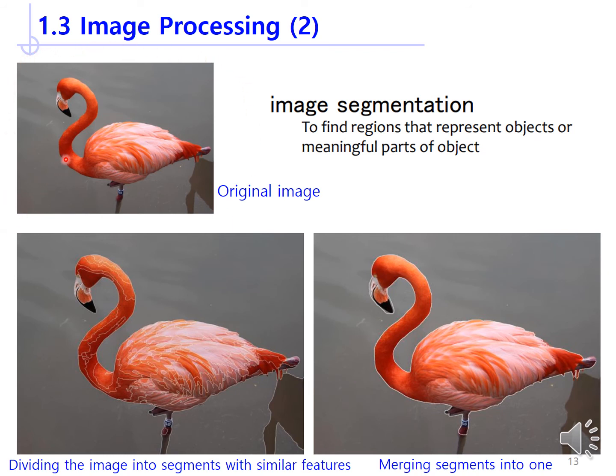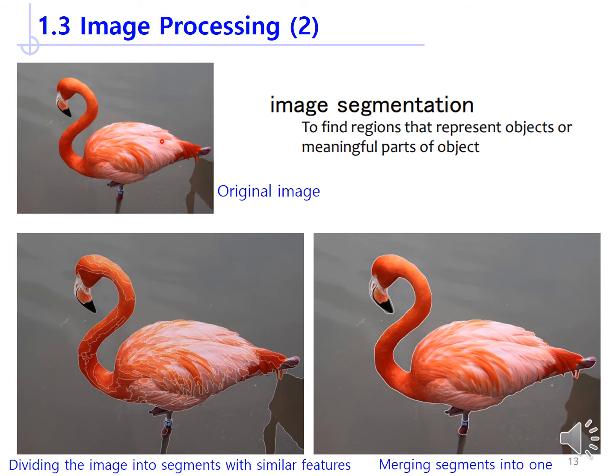So here is an original image of a flamingo, and a human can differentiate which pixels belong to the flamingo and which pixels belong to the water. But a computer cannot know the difference between these two objects.